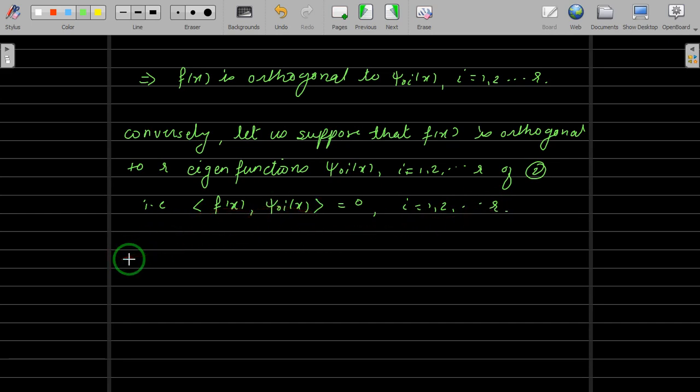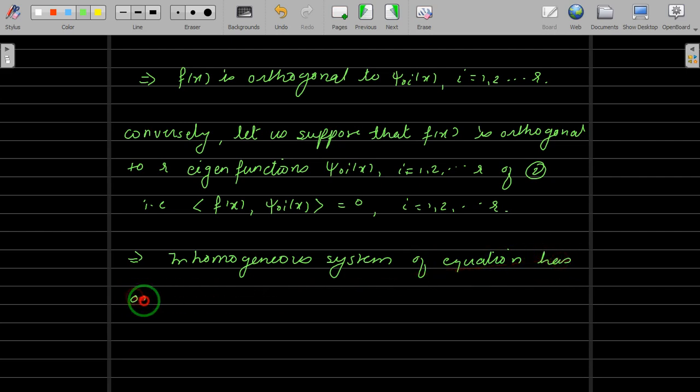And if this is the case, this implies the inhomogeneous system of equations, this is what we have done in the last minutes, has only n minus r independent equations.